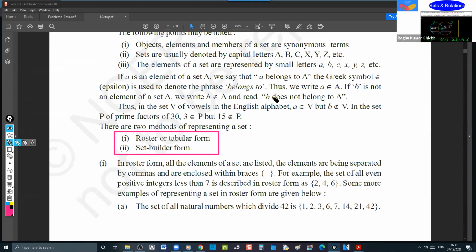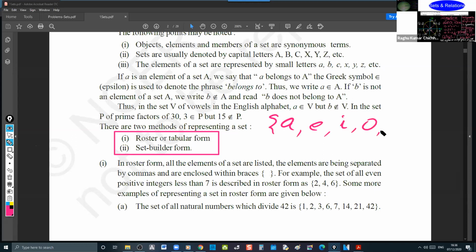If I say the vowels of the English language, then if you list them as a, e, i, o, u, you can say that it is roster form or tabular form. It is tabulated like that.